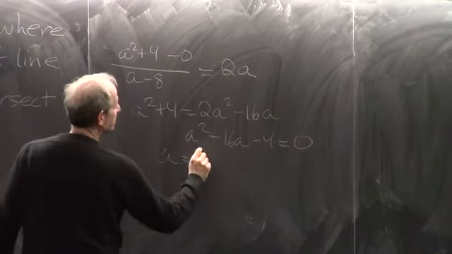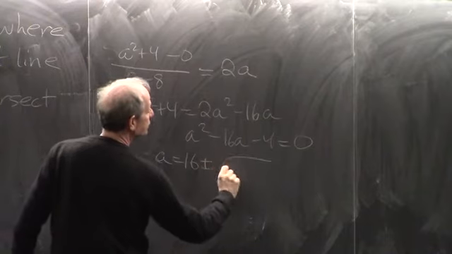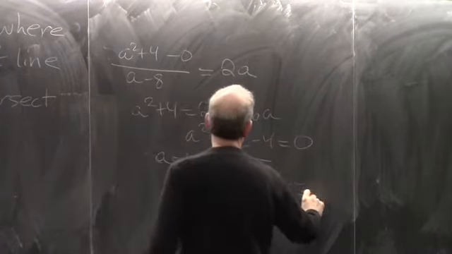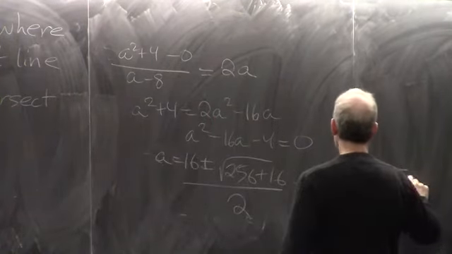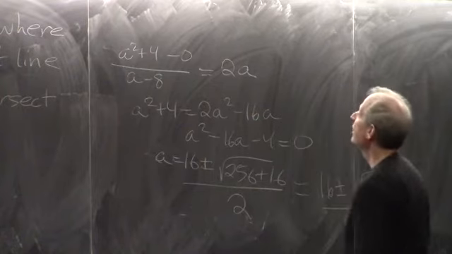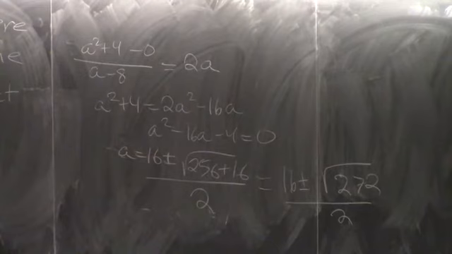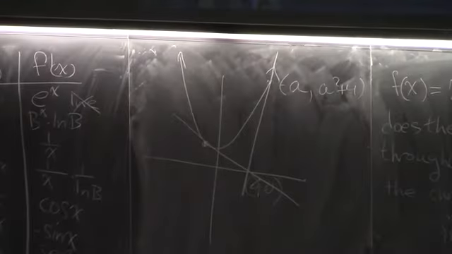You get a is 16, plus or minus the square root of 256 plus 16, over 2, square root of 272, that simplifies over here. So this tells you, by the way, that there's actually two places. There's another one about there. Okay? Got the idea? So the only thing that was maybe hard in the homework was just a tougher equation.